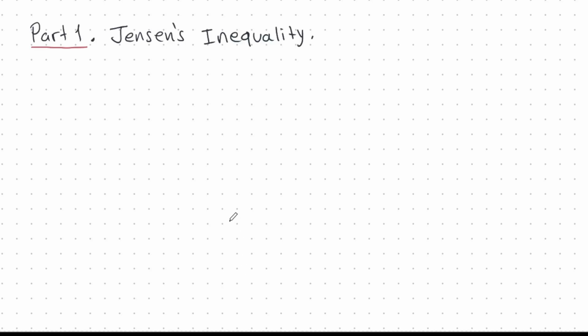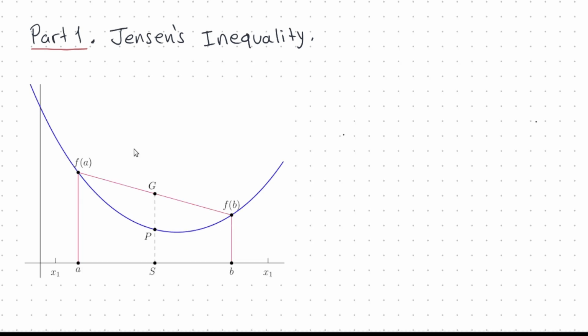A couple of videos ago, we proved the convex function inequality. We did it like this. We took a convex function f of x, convex up, and we took a point S, the midpoint, (a plus b) over 2.